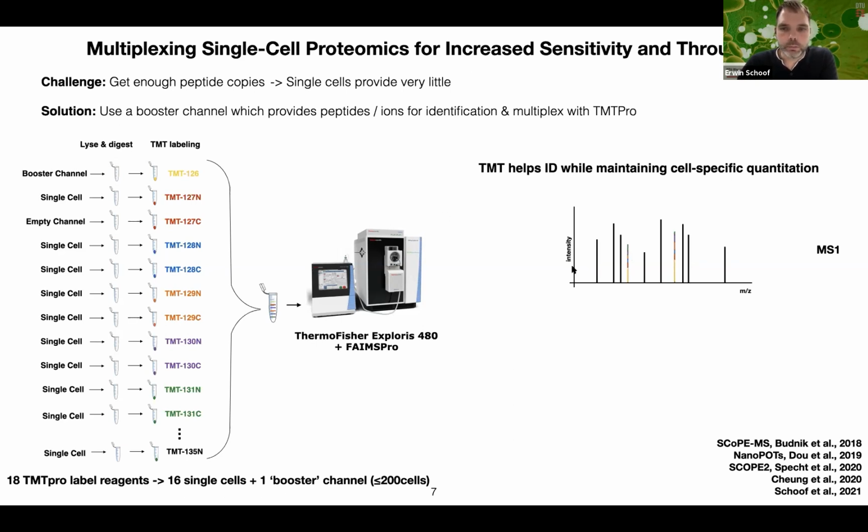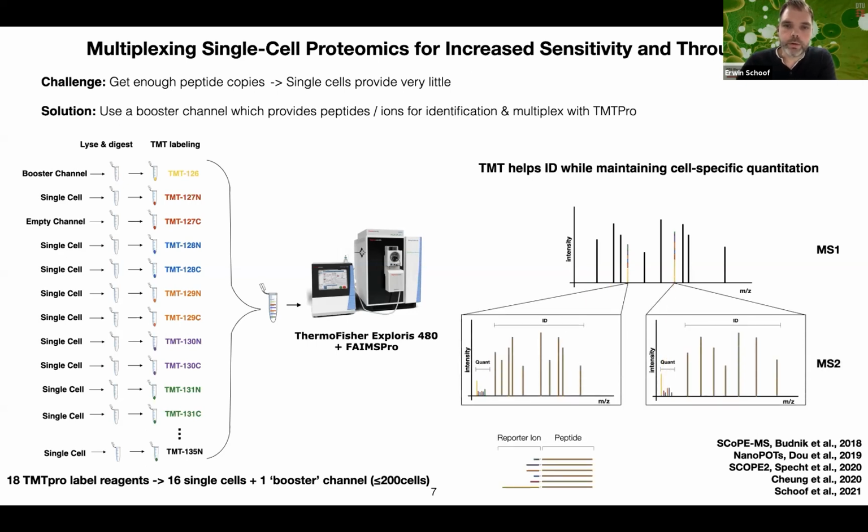Then, as TMT Pro functions, we fragment these peptides into MS2 spectra, where we get our identification peaks for the peptide ID and then get these nice clusters of reporter ions to quantify the peptides of interest, especially at the single cell level. This is now widely used and provides an improvement in terms of throughput. We can run 16 single cells per injection, and we argue that it also has great sensitivity benefits.